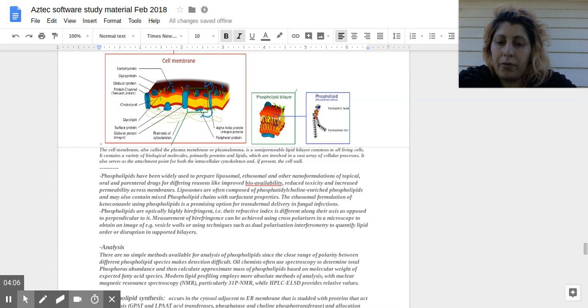Modern lipid profiling employs more absolute methods of analysis with nuclear magnetic resonance spectroscopy (NMR), particularly called 31P NMR, while HPLC-LSD provides relative values.